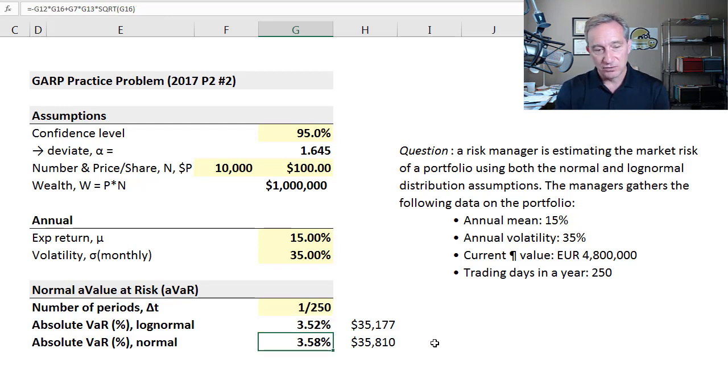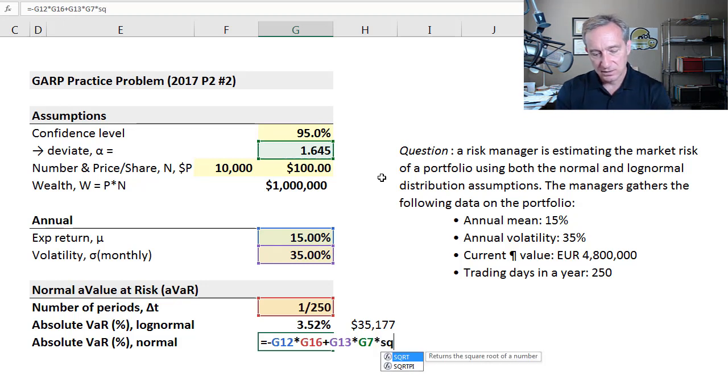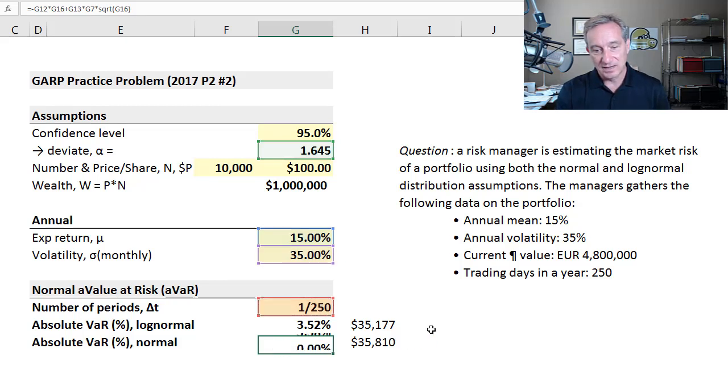And then if I want to do the arithmetic or the normal VaR, probably the one that most of us are a little more familiar with, I go right away to my negative mu, multiplied directly because it's linear in delta t, and then I add my volatility multiplied by my normal deviate or quantile, scaled by the square root of time rule, but this time scaled down from 1 year to 1 day.